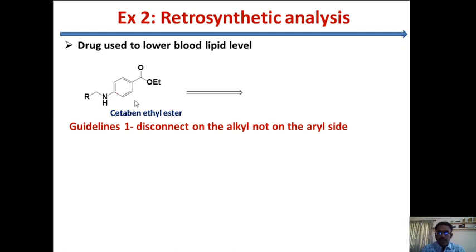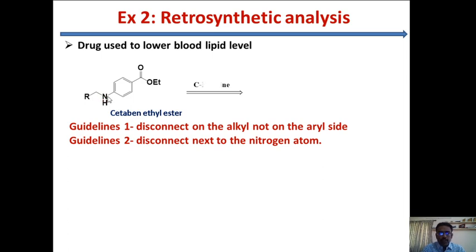According to guideline number 1, we will use the C-N bond on the left side, the alkyl. Then obviously the second point is next to the nitrogen atom, because nitrogen is a heteroatom. So if you use the two guidelines, surely you will select the left side C-N bond for the disconnection.